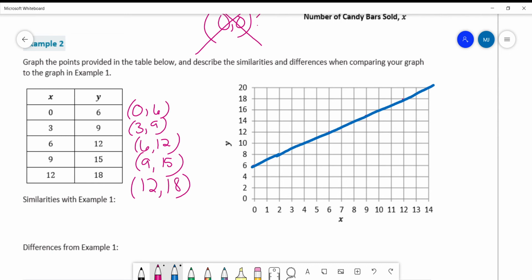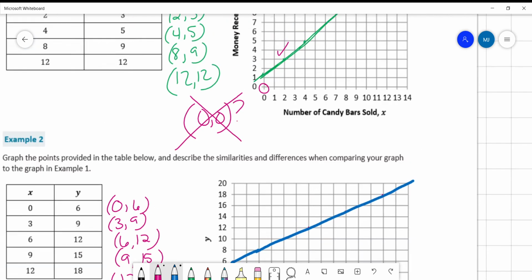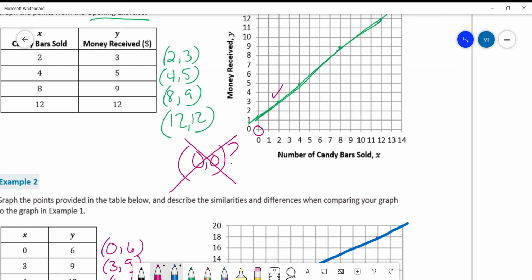So similarities means things that are the same. So the same thing, straight line. What else do we see? Anything else?